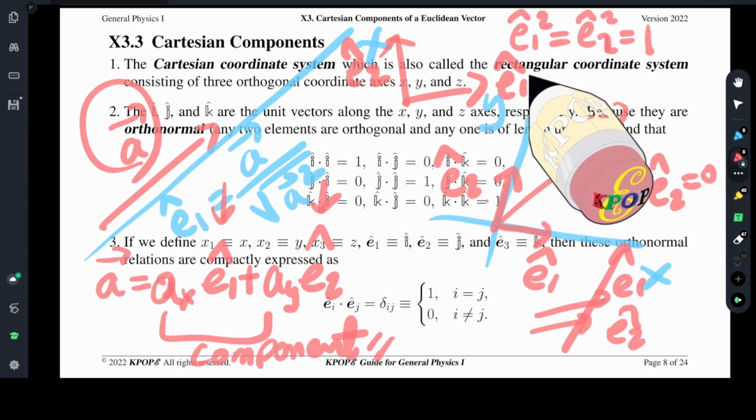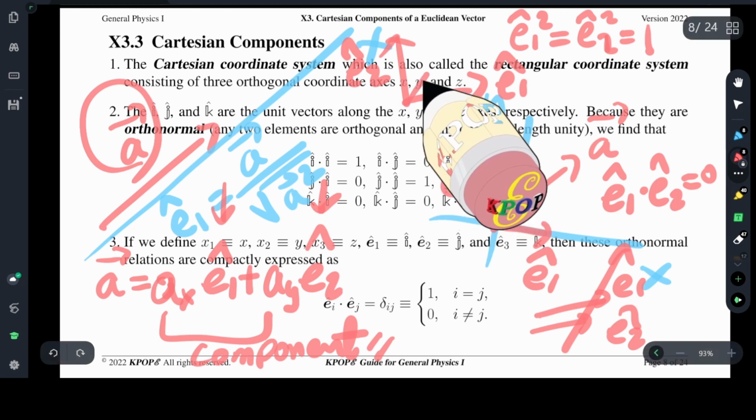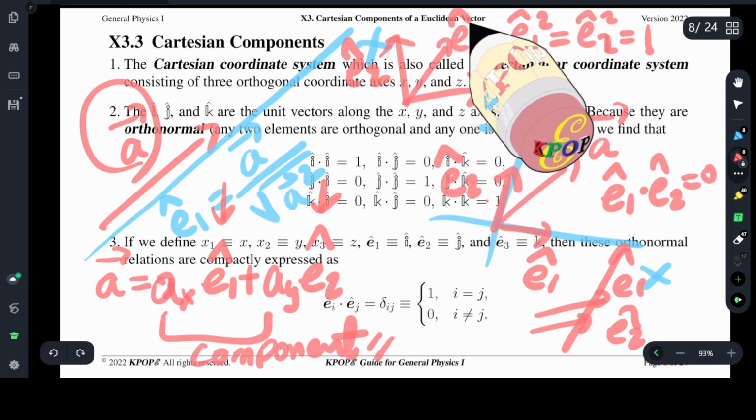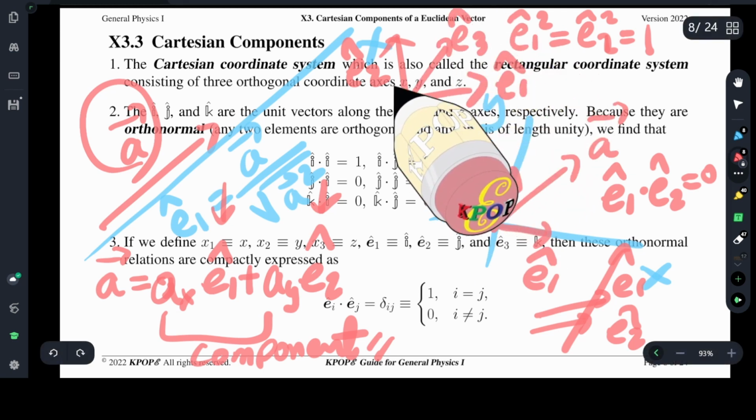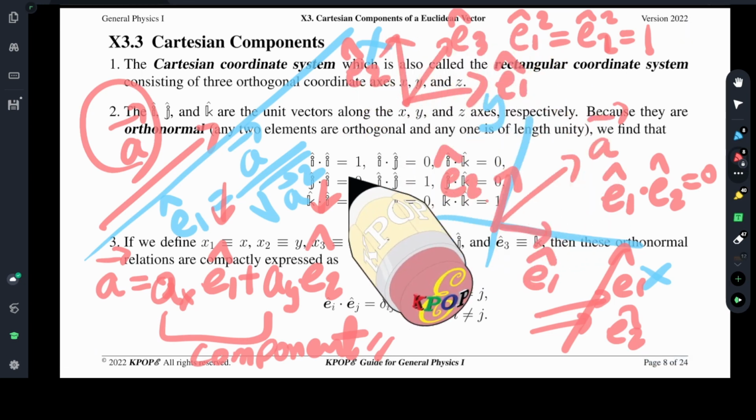If we are in a three-dimensional space, we need to have E3, but E3 must not be on the same plane where E1 and E2 are placed. Such vectors that cannot be expressed in terms of any other vectors are called bases.